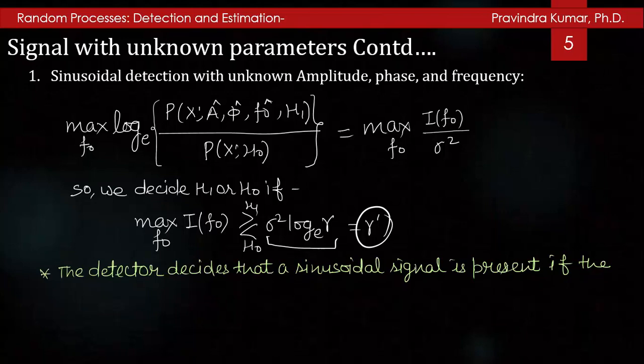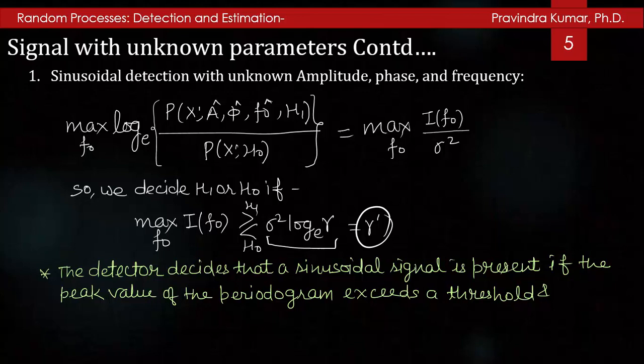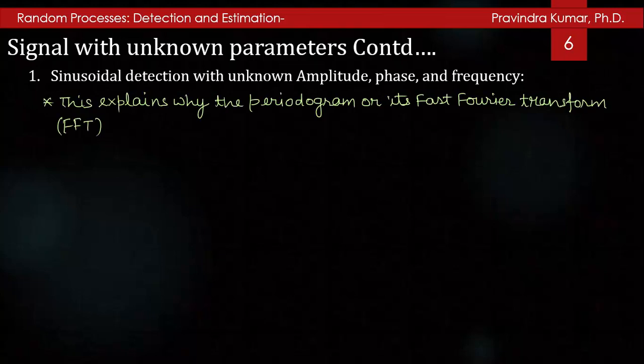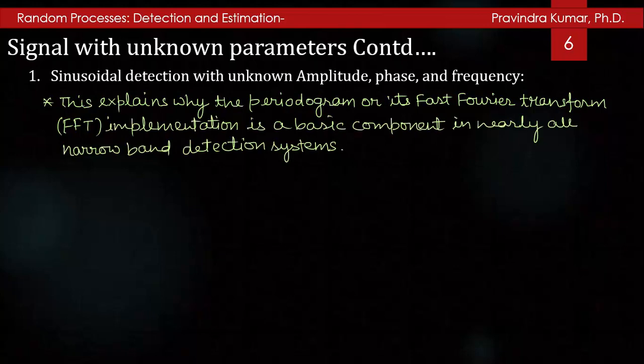The detector decides that a sinusoidal signal is present if the peak value of the periodogram exceeds a threshold, and the frequency location of the peak is the maximum likelihood estimate of the frequency.